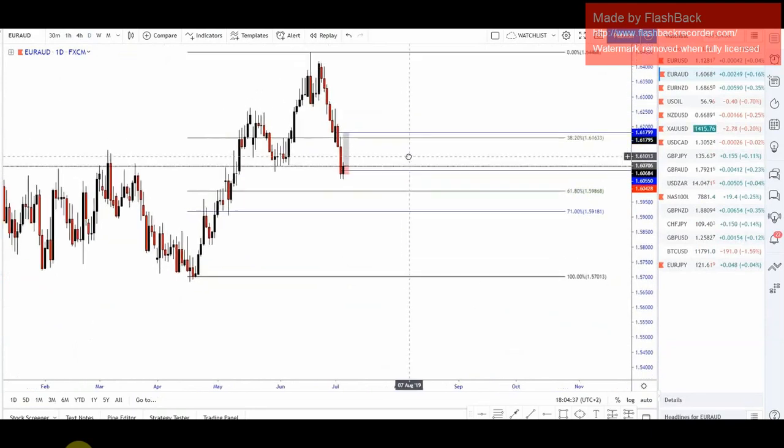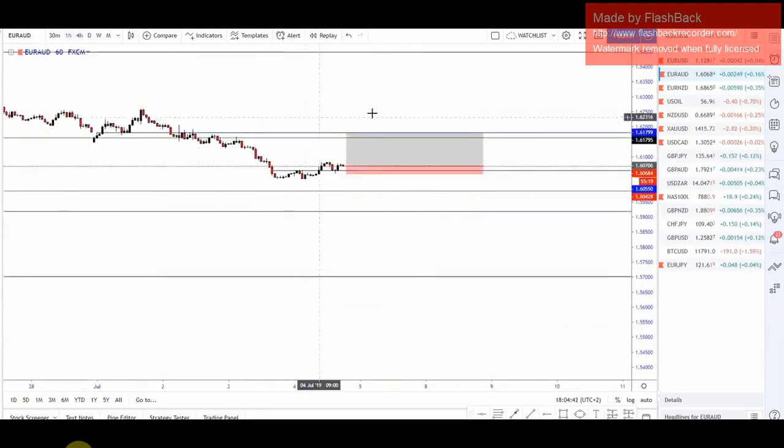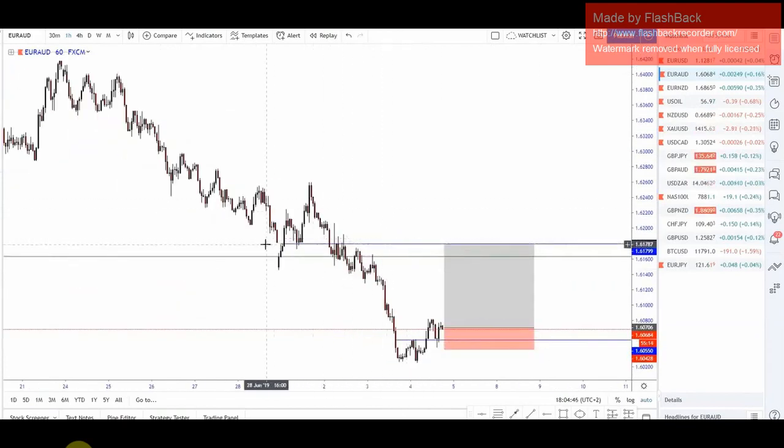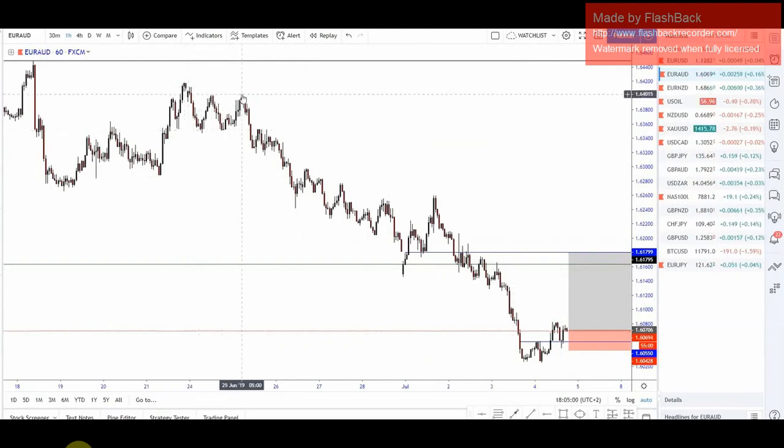So break of structure can happen depending on the time frame you're trading on. If you're trading on the 1 hour, viewers, look at this pair. On the 21st of June all the way to the 4th of July, the first high makes a low, makes a lower high. Equal low, equal high.